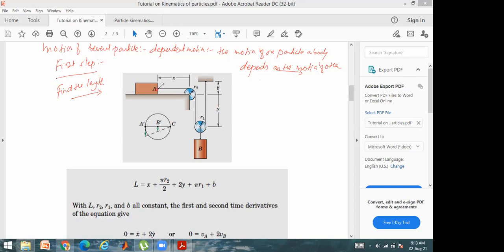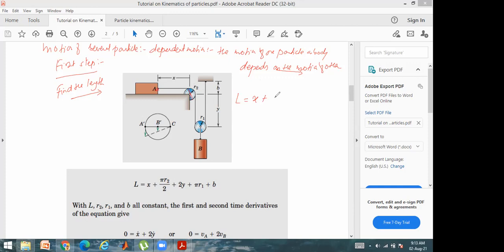The distance from block A to this particular pulley is x. The total length will be equal to x plus the length of this whole rope, plus pi r.